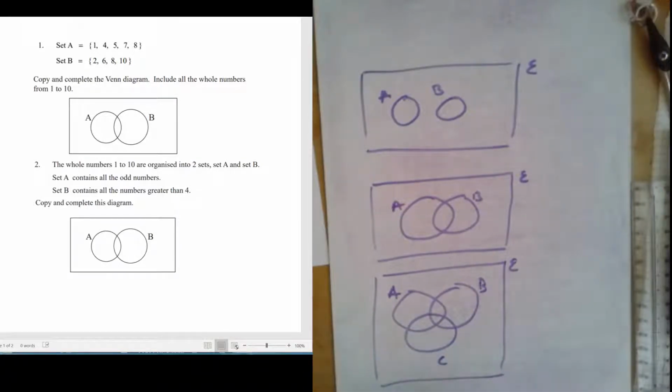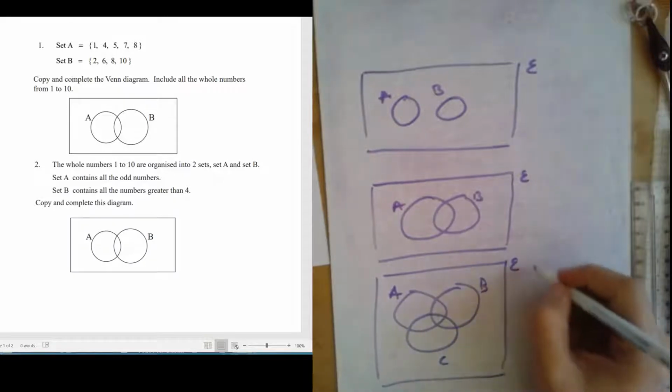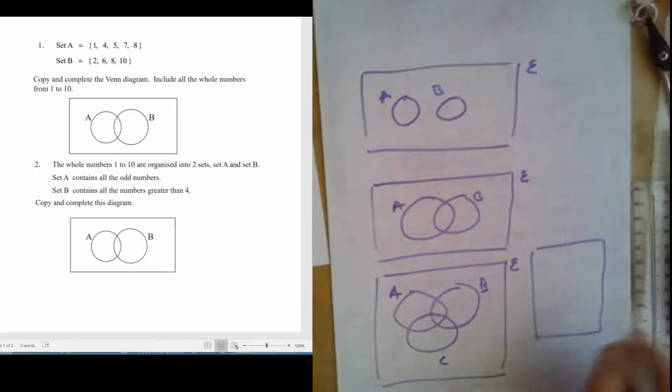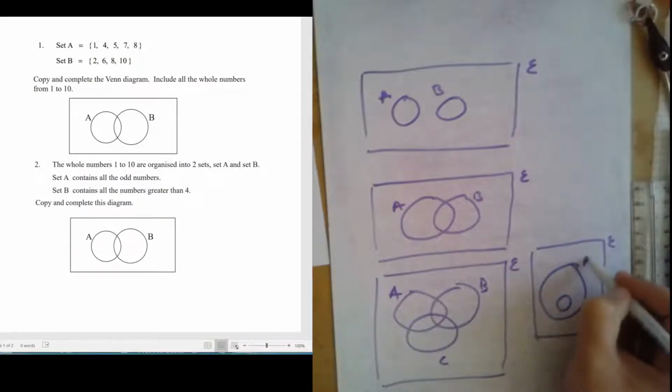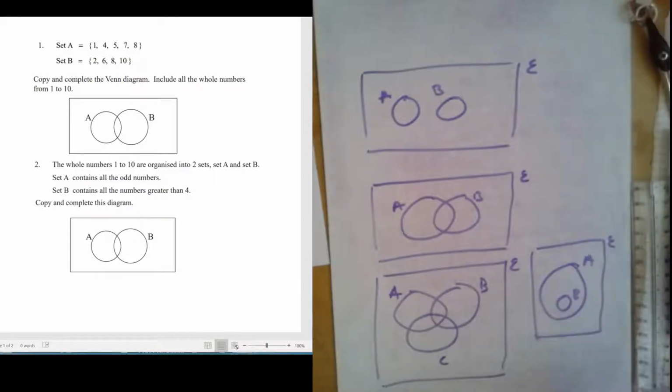Okay, so you've got those, and then one other option you might have is, say if I had something like this, where this is A and this is B, and you've got B inside A, okay? So this is when you would talk about subsets, because you're saying this set is completely contained within this one. So say if A was all multiples of 2 and B was multiples of 8, okay?